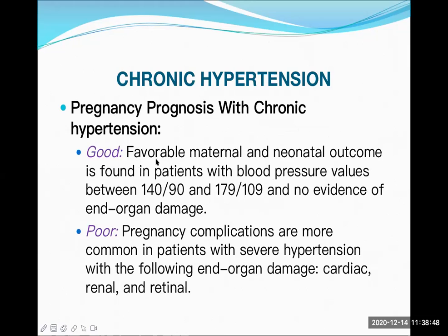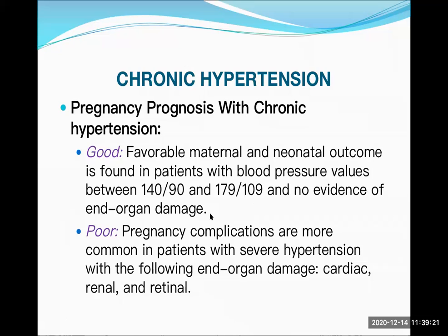The prognosis is favorable, maternal and neonatal outcome, in patients with blood pressure values between 140/90 and 179/109 and no evidence of end organ damage. So very easy to understand. The blood pressure is not that severely high, and during history taking, physical examination or investigation, we have not found any evidence of end organ damage.